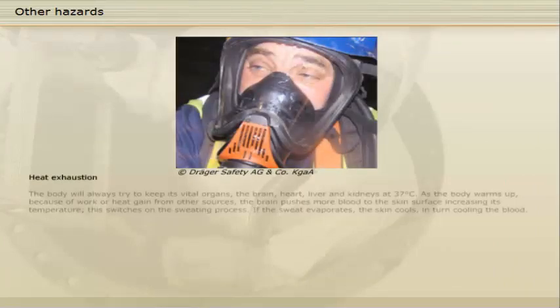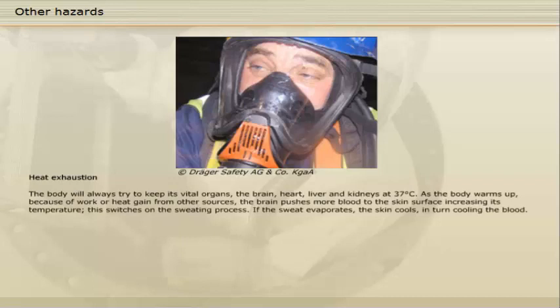The body will always try to keep its vital organs, the brain, heart, liver and kidneys, at 37 degrees Celsius. As the body warms up, because of work or heat gain from other sources, the brain pushes more blood to the skin surface, increasing its temperature. This switches on the sweating process. If the sweat evaporates, the skin cools, in turn cooling the blood.